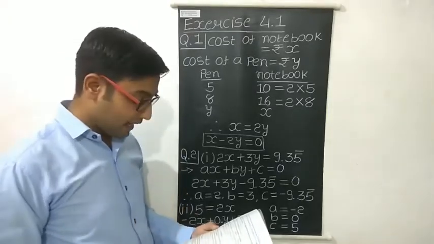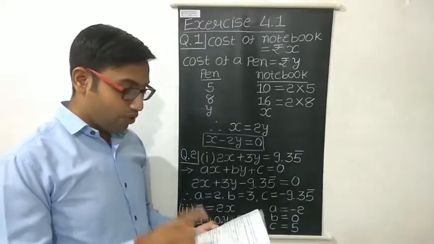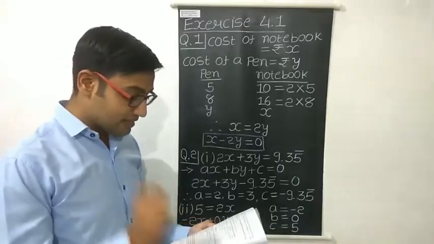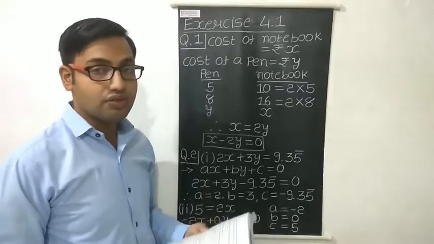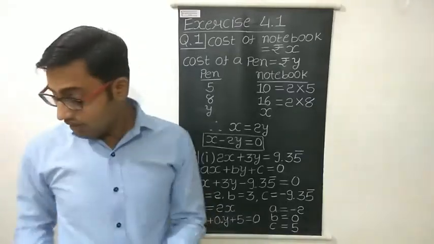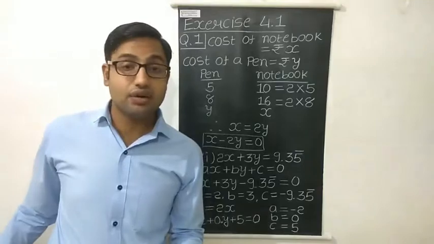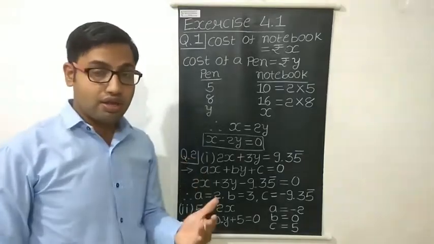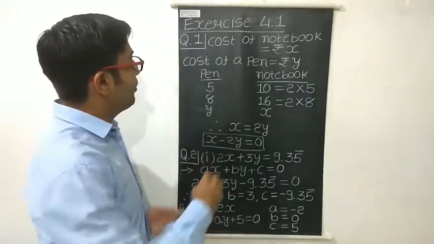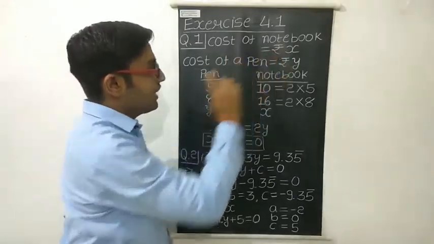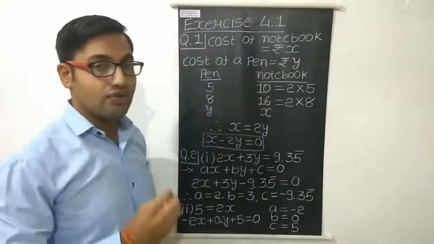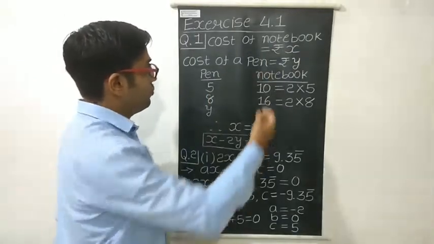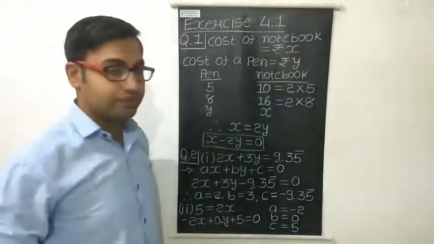In the bracket it is given to take the cost of a notebook as rupees x and that of a pen as rupees y. So here we have two variables, x and y.